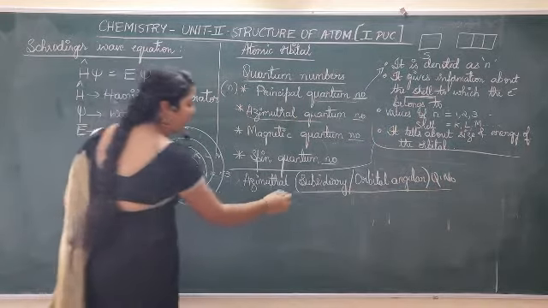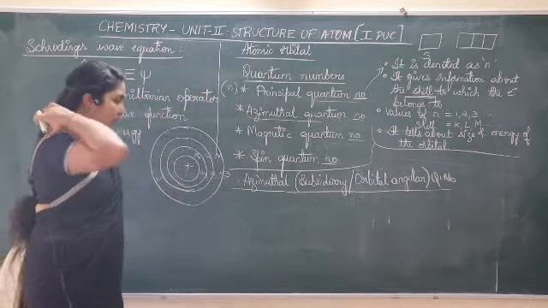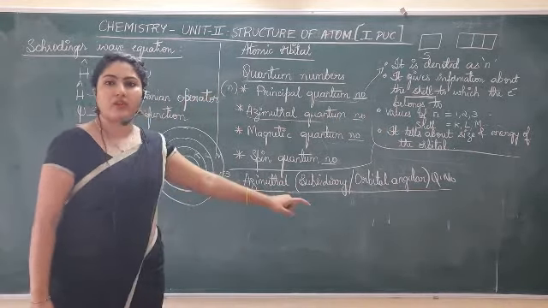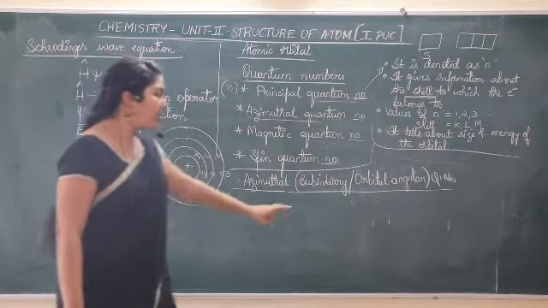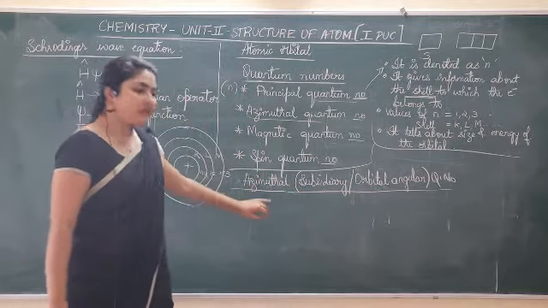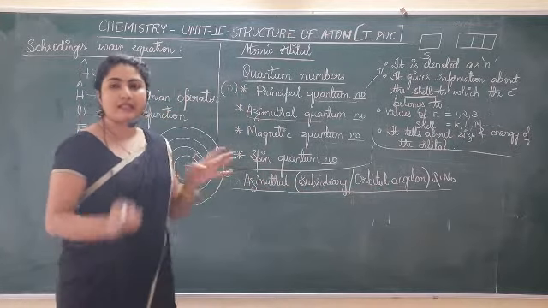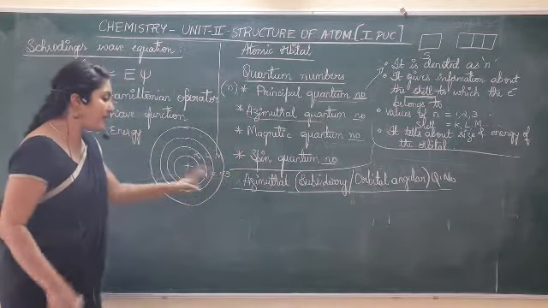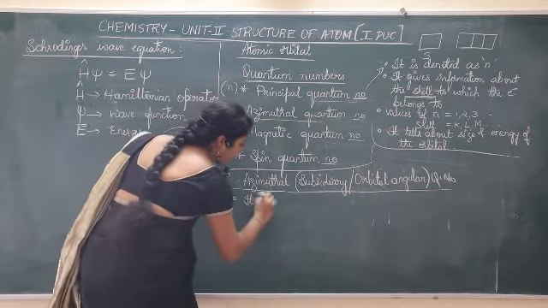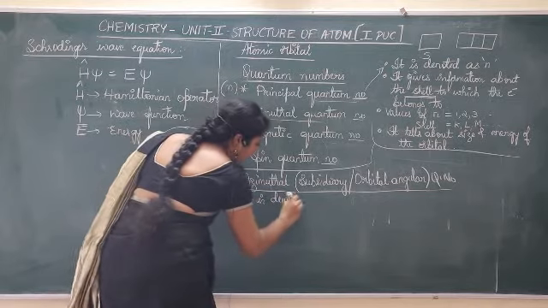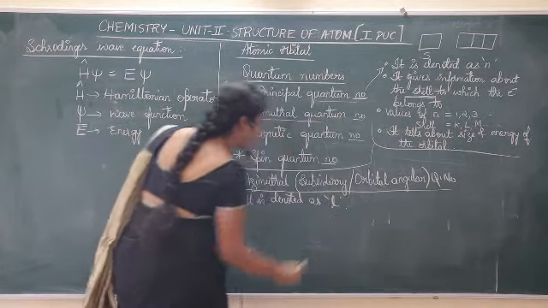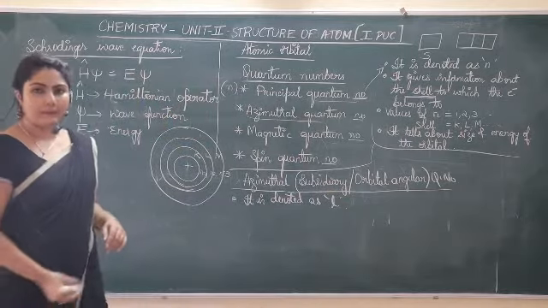Okay, these are the different names of azimuthal quantum number. It is denoted as L, small letter L.